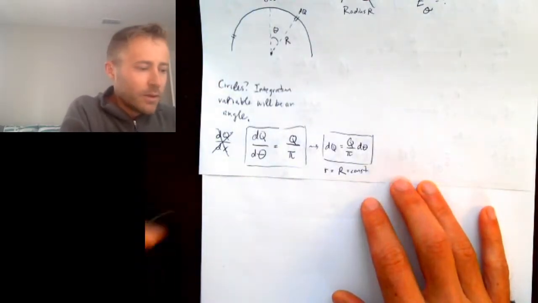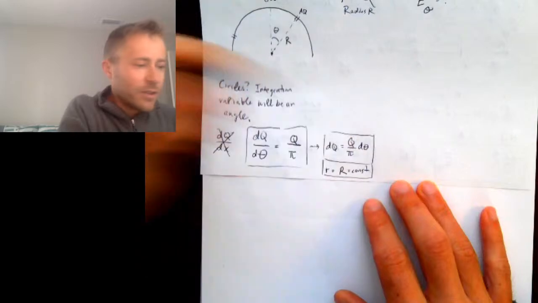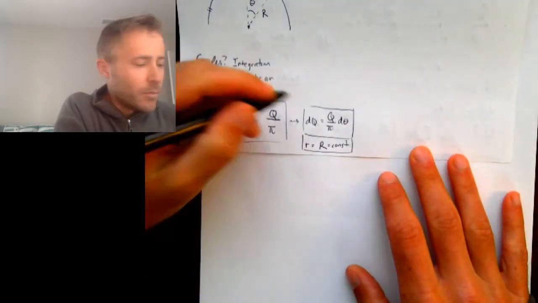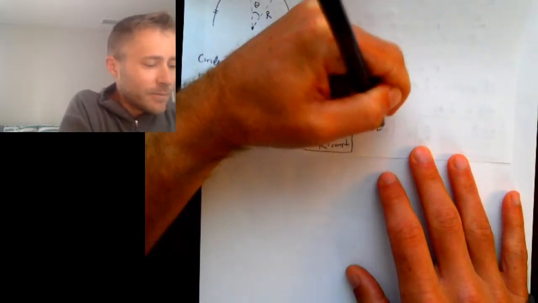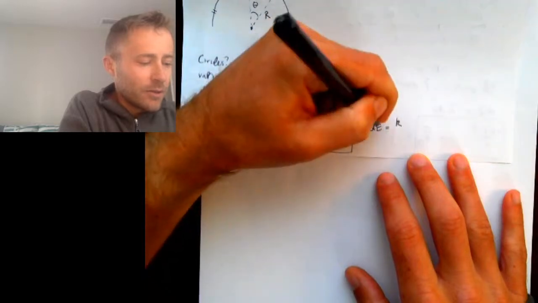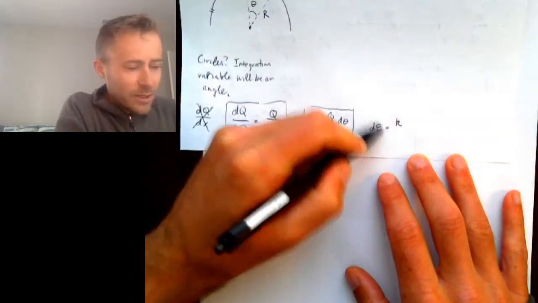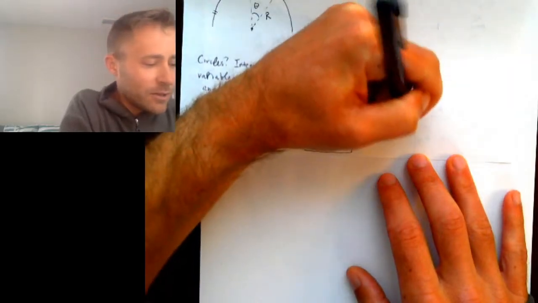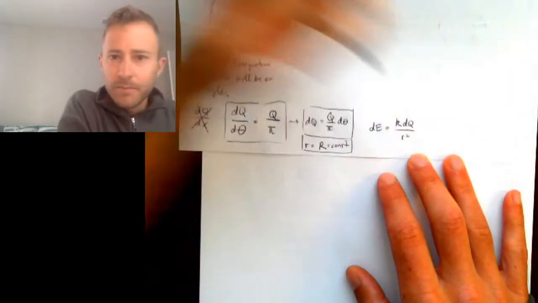All right? So based on that, I can actually construct my dE. When I put dE without an arrow, I mean the magnitude of dE. So that's k dq over little r squared.